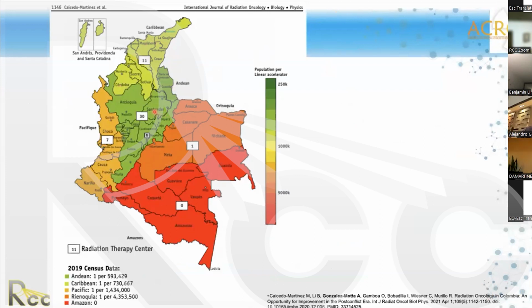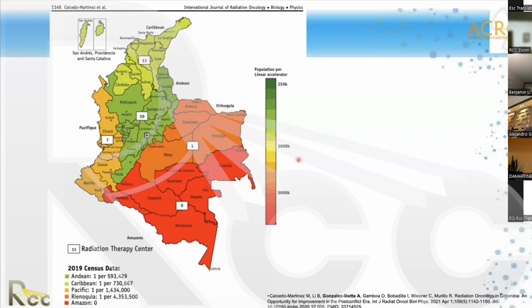So this is a graph of Colombia, and there's a concentration. As you can see, half of the states in Colombia only have one radiotherapy center, and there are large areas in Colombia with far away radiotherapy centers, so the health centers need to pay the patients.